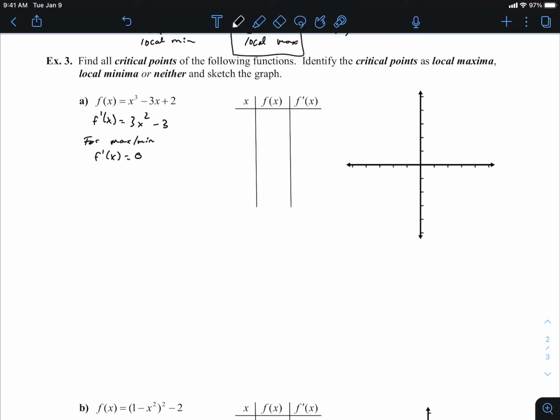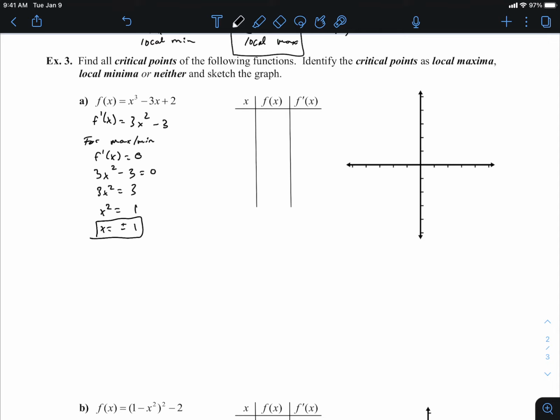So 3x squared minus 3 is going to equal 0, and then we're going to just solve, right? So 3x squared is equal to 3. X squared is going to equal 3 divided by 3, which is going to equal 1. And so x is going to equal plus or minus 1, the square root of 1, which is 1, right?